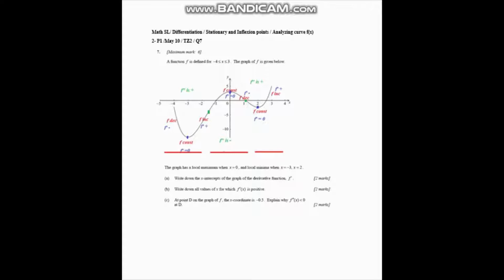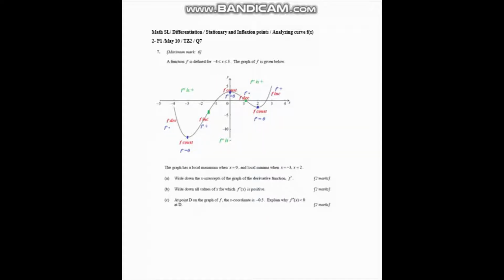And these changes of concavity are highlighted by my inflection points right there and right there. And I've also labeled in blue my turning points there and there and there. This wouldn't hurt to do anyway, and it will help us a lot with the questions to come.